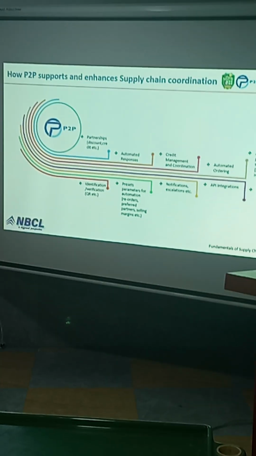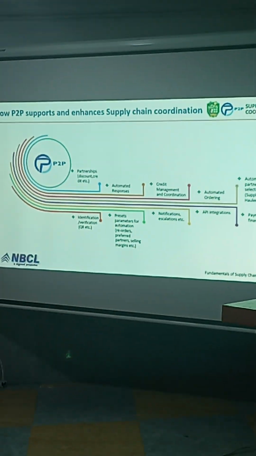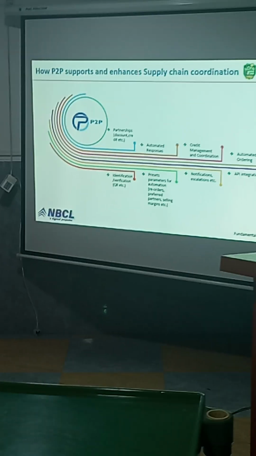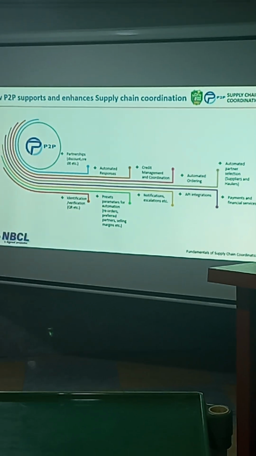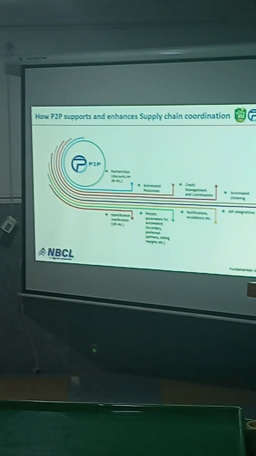I'm sure we've all been hearing about the product P2P, P2P, P2P. Now, P2P is not an ordering system. It's not an inventory management system. It is a supply chain coordination platform that plugs all players in the outward supply chain of pharmaceuticals together in such a way that effectively we can all plug our system into it.